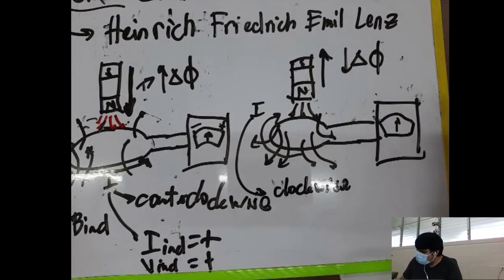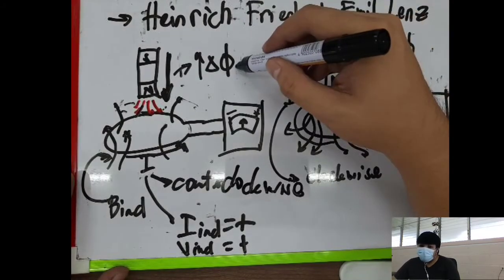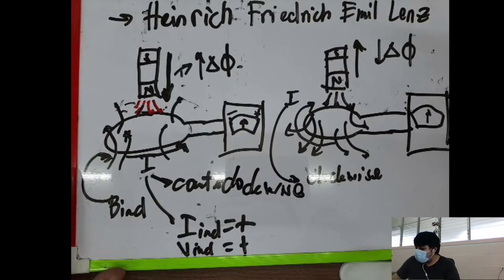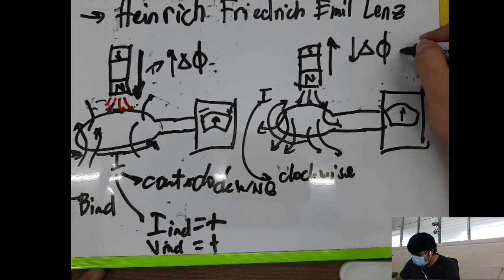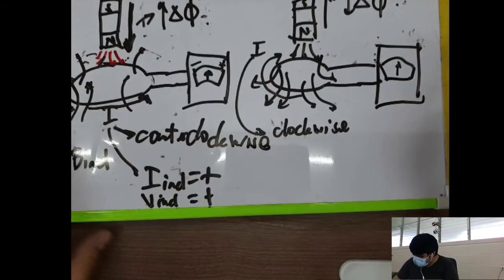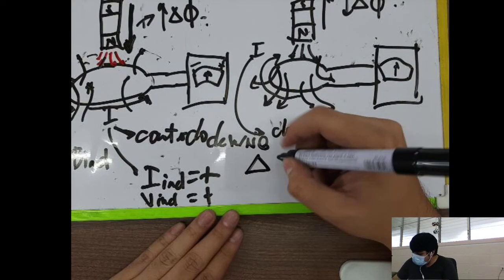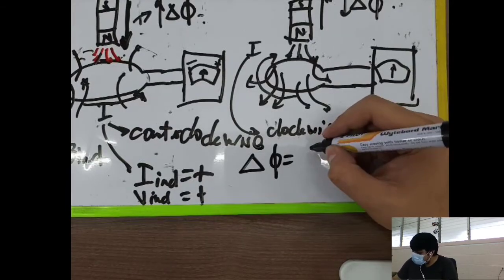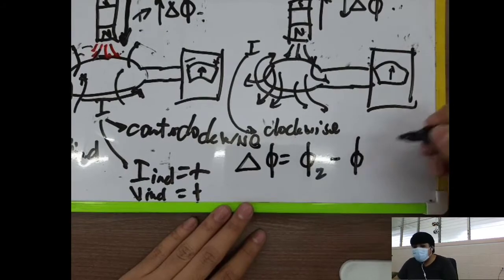Now, what is my basis that an increase in magnetic flux is positive and a decrease in magnetic flux is negative? Remember that the change in magnetic flux is equal to the magnetic flux after minus the magnetic flux before the change.